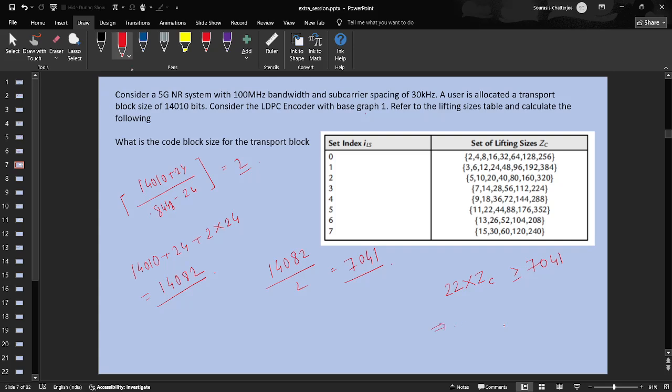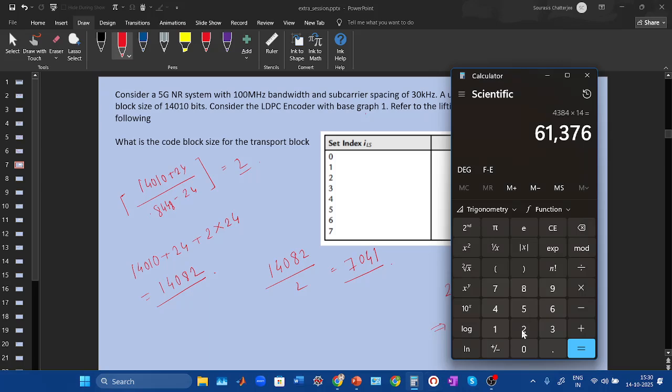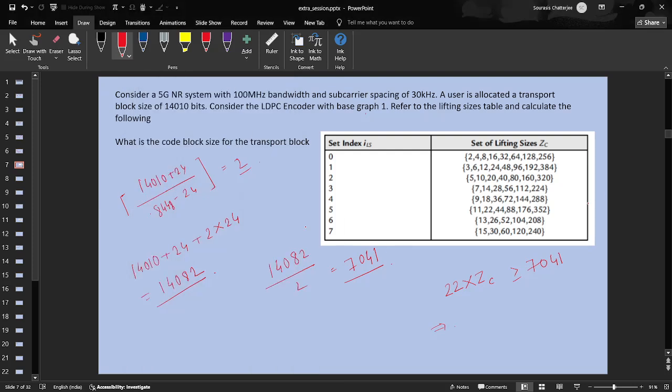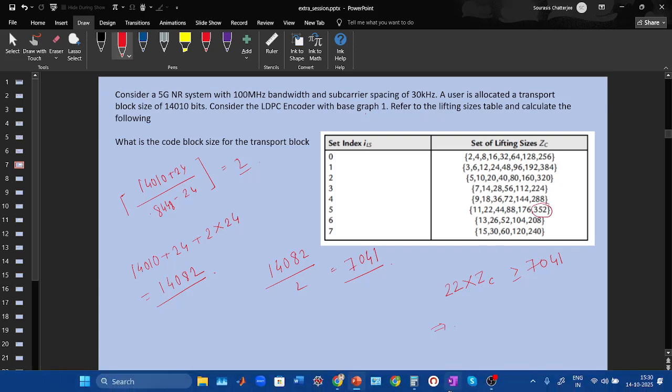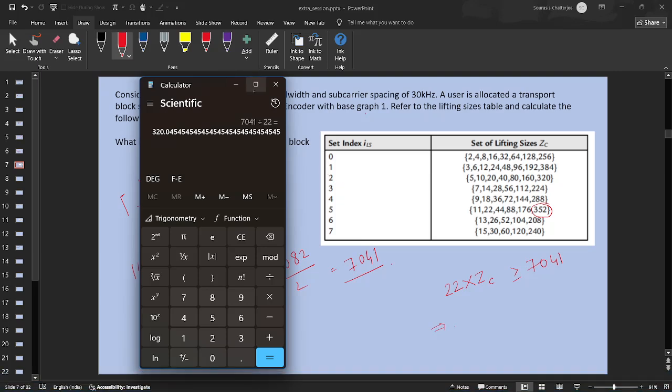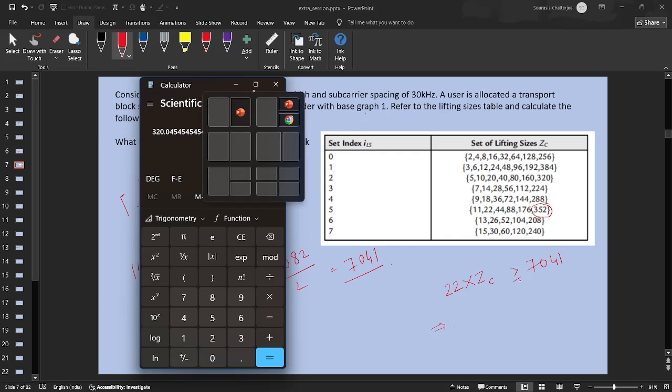So what is the value of Zc we are expecting from this table? First of all, let me check what the Zc value is going to be. 7041 divided by 22 should be greater than 320. 320 is also there in the table. 22 Zc should be greater than or equal to 7041.